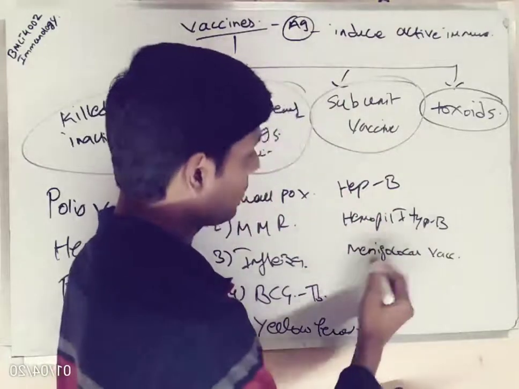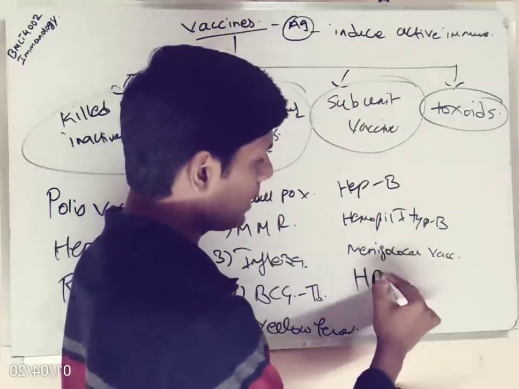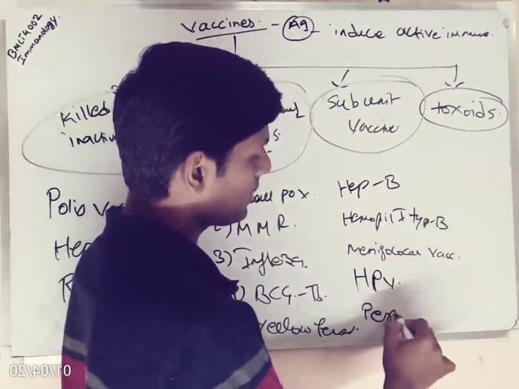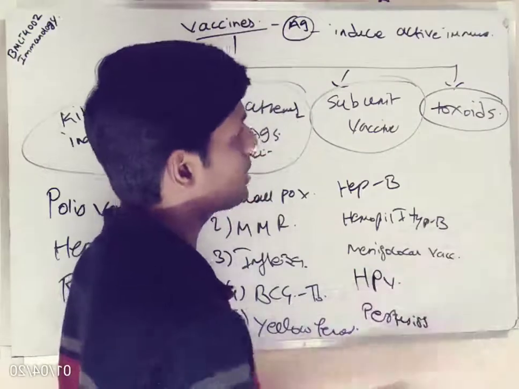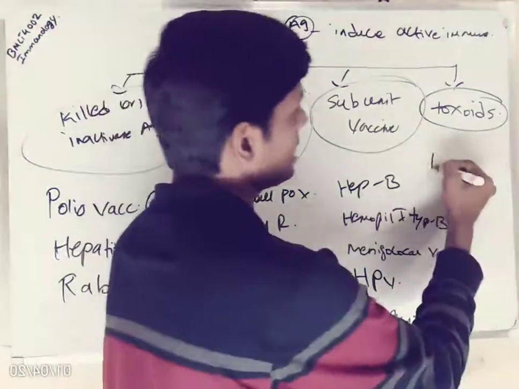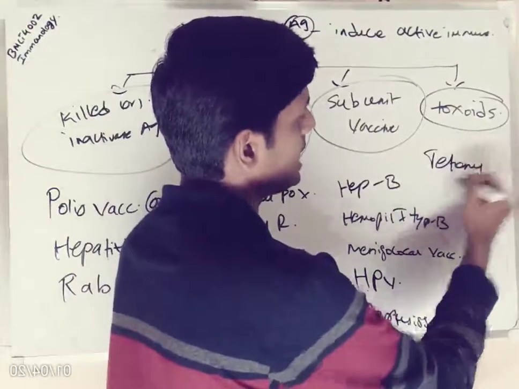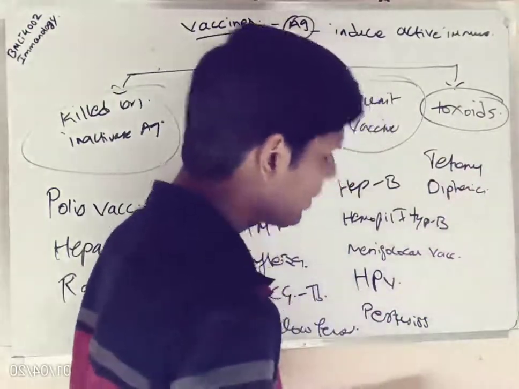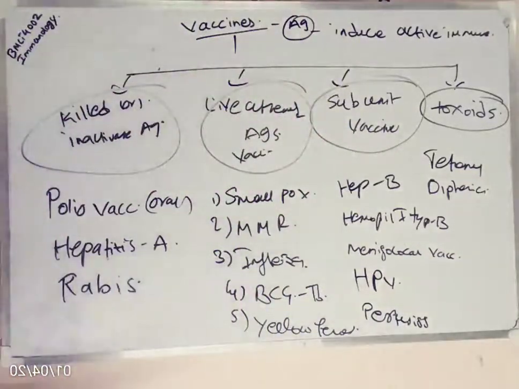Then we have one more vaccine, the human papilloma virus vaccine. Then we have the pertussis vaccine. All these are subunit vaccines. Then toxoids: the best example is tetanus toxoid, tetanus and diphtheria. Diphtheria toxoid will also be used as a vaccine.